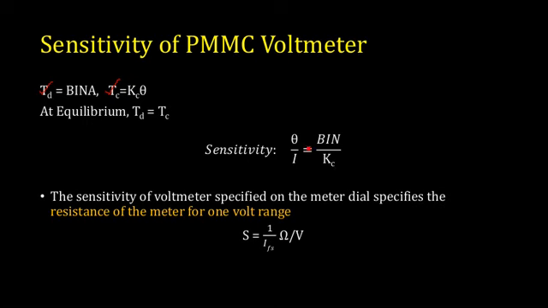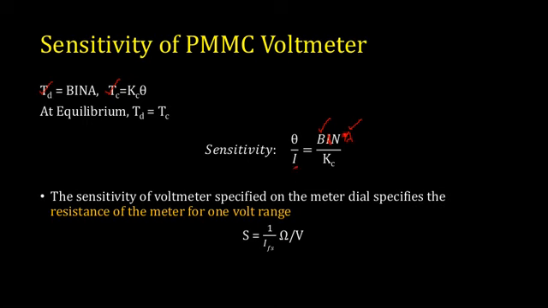Now theta by I can be defined as the sensitivity, that is, the output is your deflection and the input is the current that is flowing in the moving coil. And so this is BNA divided by Kc.